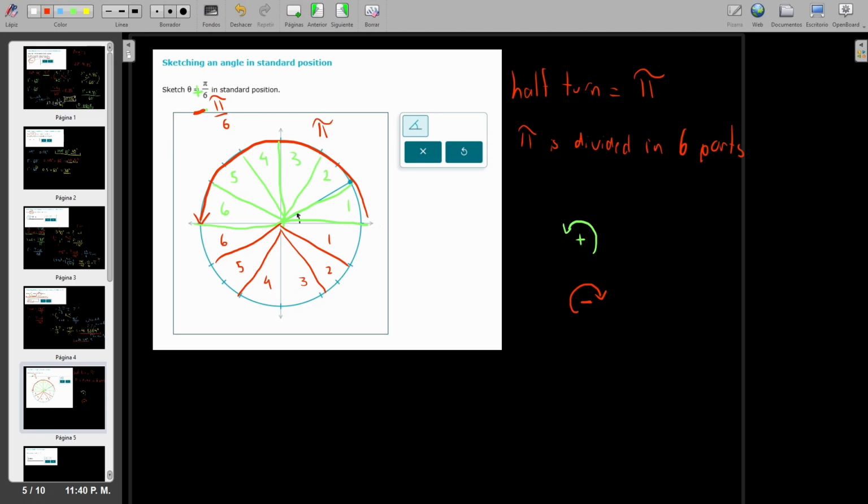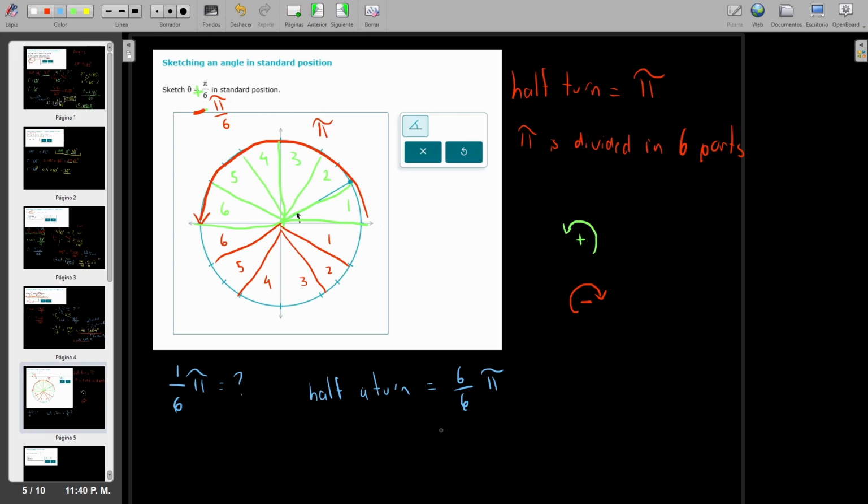In this part, remember, they're asking us to solve 1/6 of pi. They're asking to color only this part, only 1/6 of a pi. Half a turn, in this case, will be 6/6 of pi.